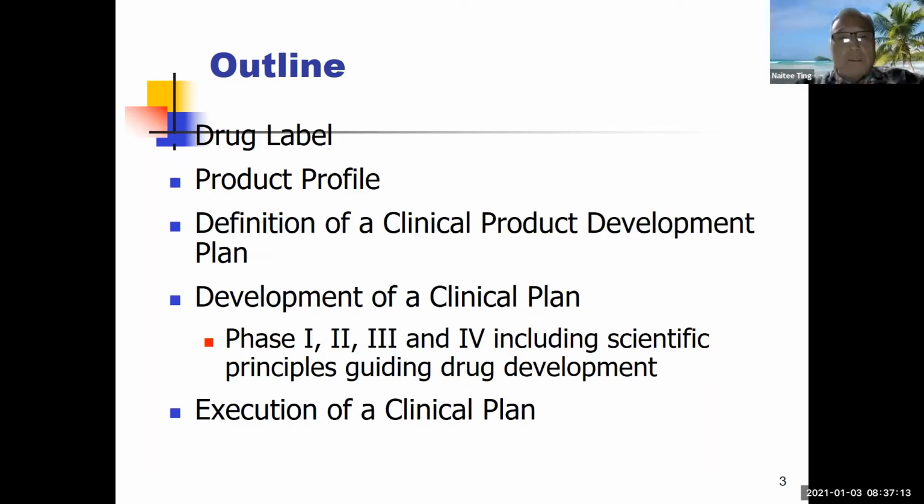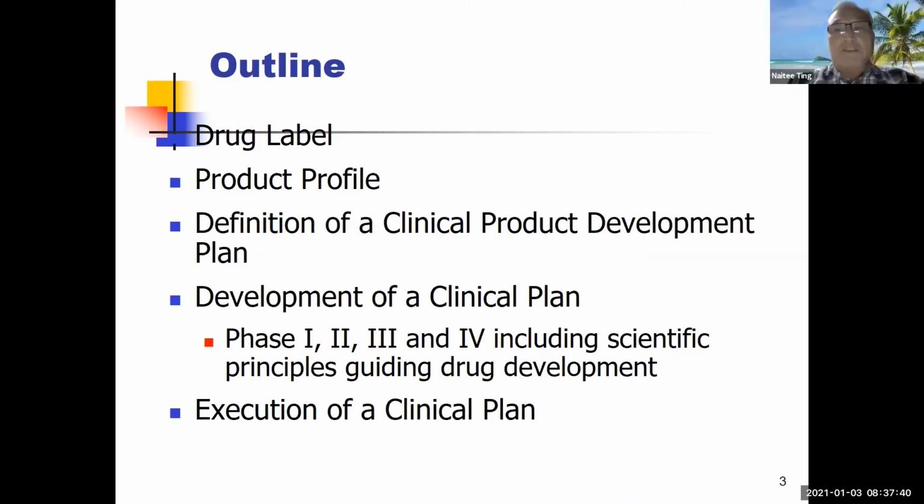The drug label is that very thin sheet that is placed in the box when you get drugs from the pharmacy. You would have a paper box and a bottle within it, and there's a very thin sheet of paper stuck in between the bottle and the paper box.